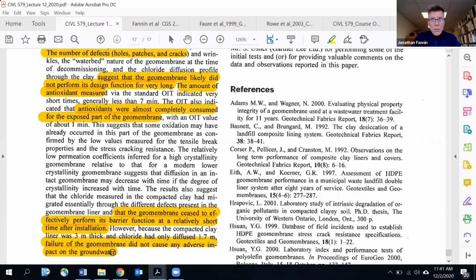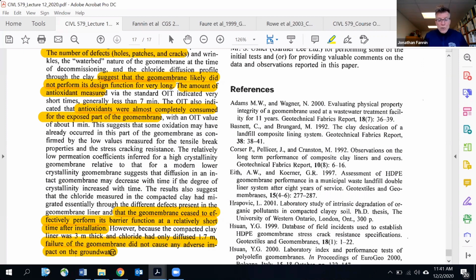But the combination of leaking through holes and the degradation of the membrane, perhaps the stiffness or embrittling contributing to some of the cracks, especially in and around wells. This is, I think, a very nice example of the kind of things that can really challenge in an aggressive environment.